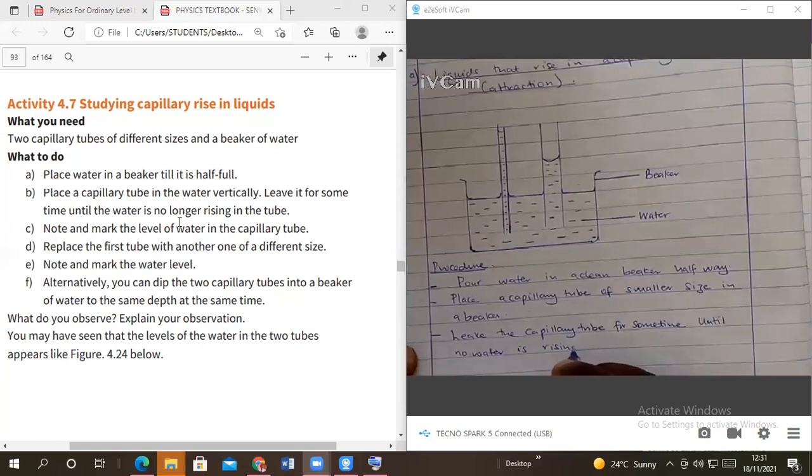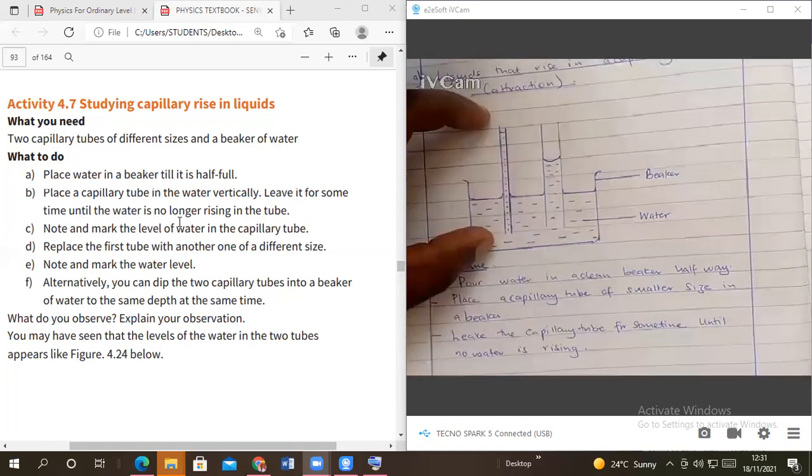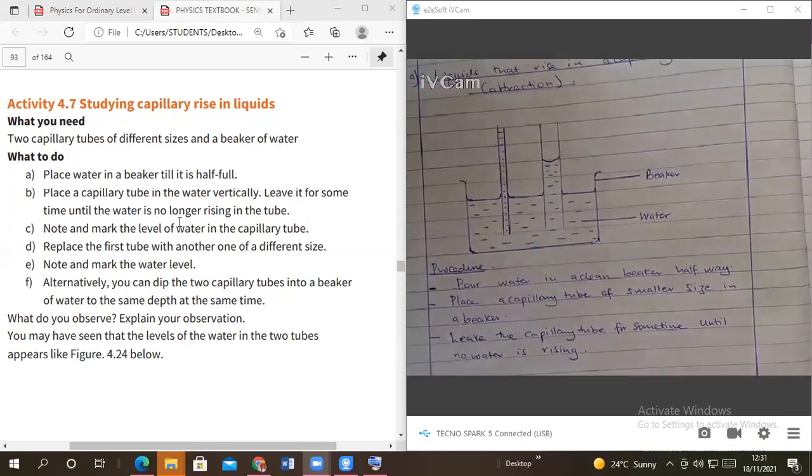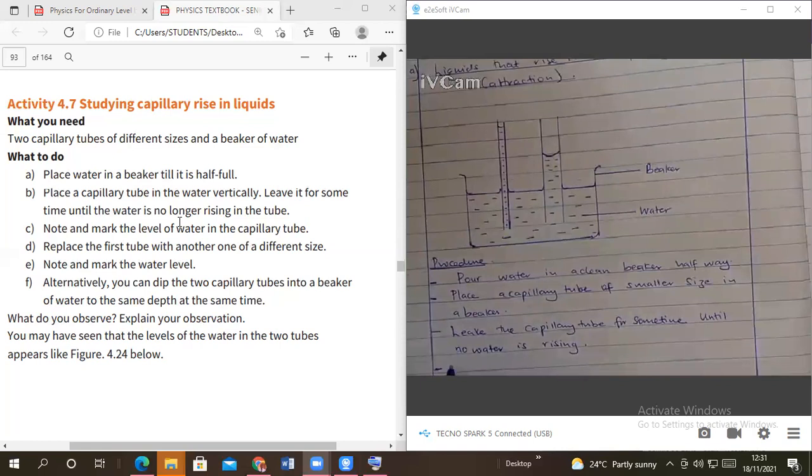What are they saying here? That when you get this capillary tube of smaller size, dip it in that beaker containing water. Now what will happen is that the water will rise, and when it rises, it will reach a certain point and it is stationary. So you note and mark the level of water in a capillary tube.